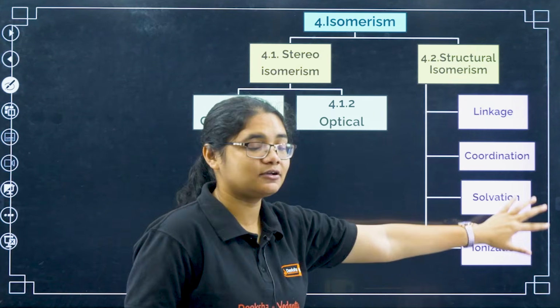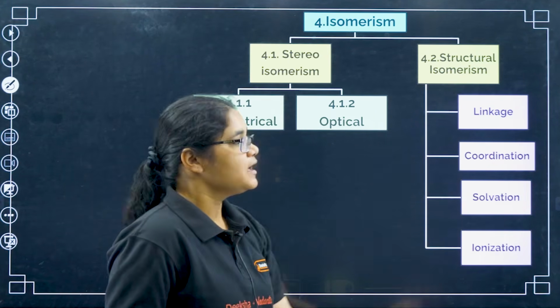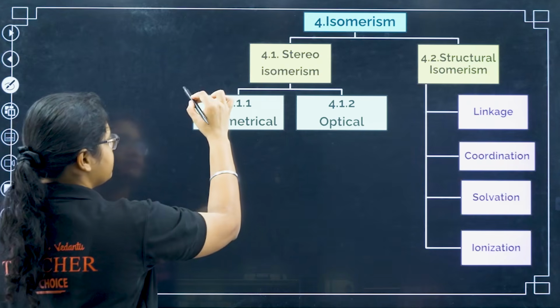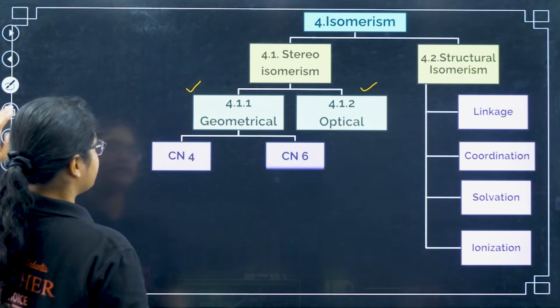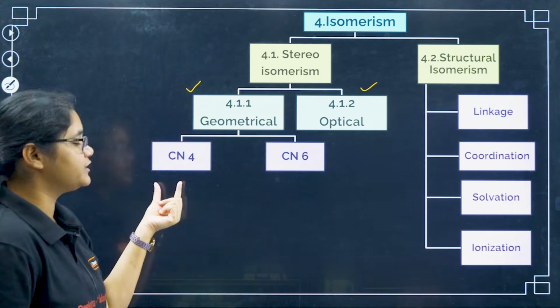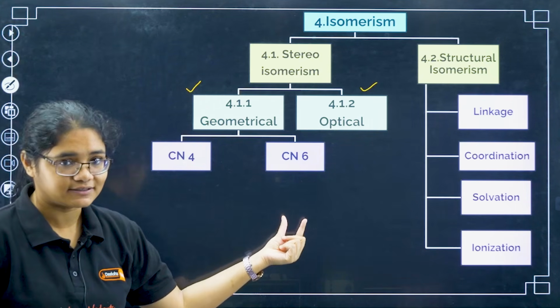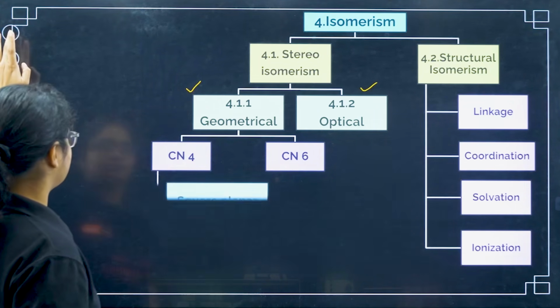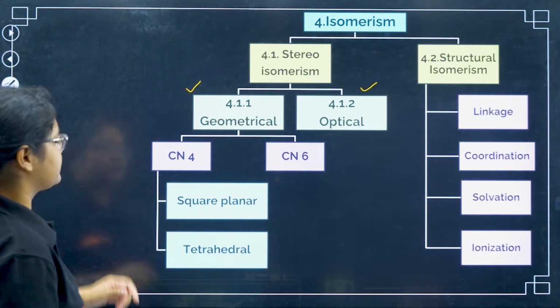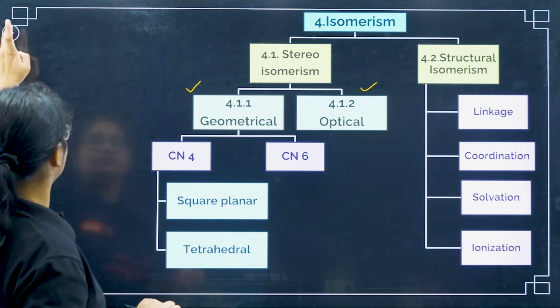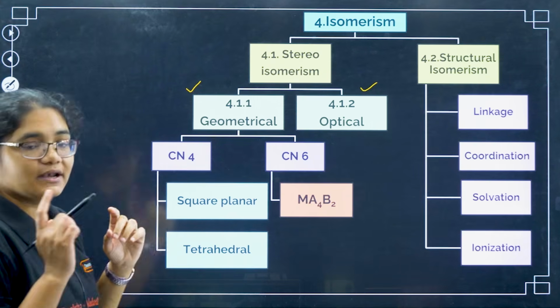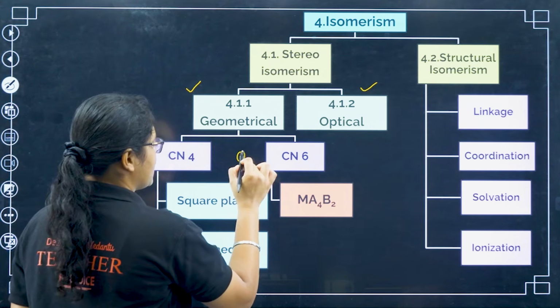These are the 4 types of structural isomerism. Under geometrical, we'll study coordination number 4 and coordination number 6. For coordination number 4, we have square planar and tetrahedral structures. In coordination number 6, there is only one structure possible, that is octahedral.